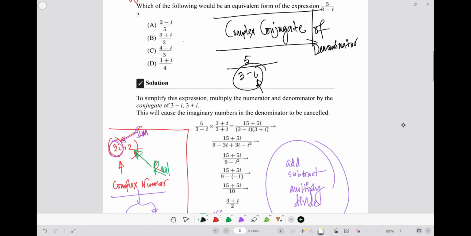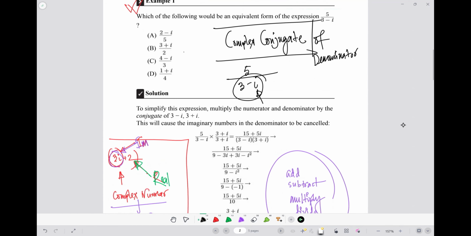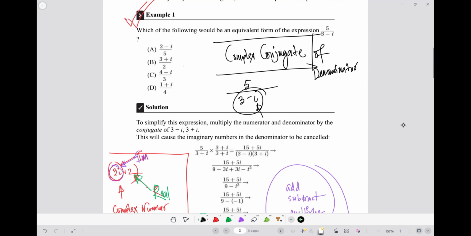Anyway, you need to take the complex conjugate of this denominator, and then multiply it in both the numerator and the denominator. The same complex conjugate in the numerator and in the denominator at the same time.